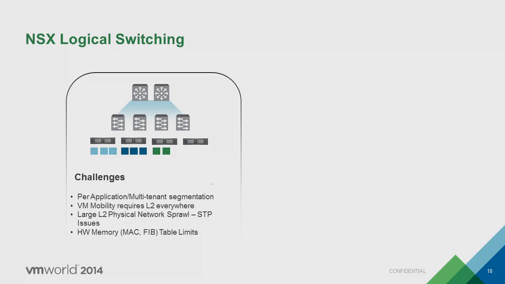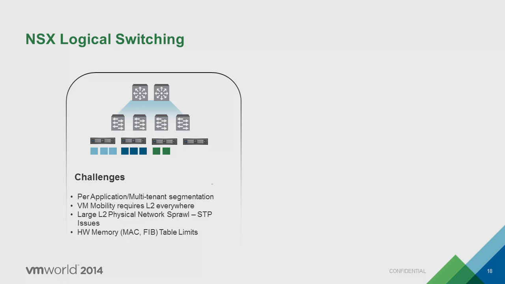You need to provide VLANs, you need to extend VLANs inside this environment, and this brings some challenges. First, the provisioning of the VLANs, the number of VLANs that goes with the number of applications, and of course, with that level of scale, you'll also have issues.